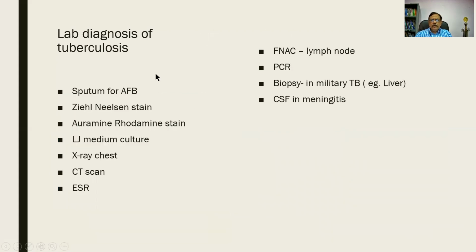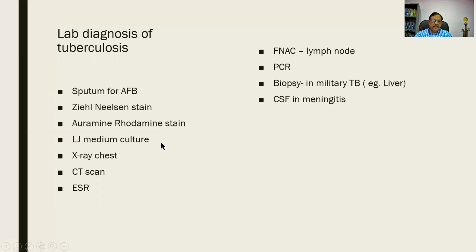What are the lab diagnoses of tuberculosis? Lab diagnosis of tuberculosis is common to primary as well as secondary tuberculosis. So, sputum for AFB, Ziehl-Neelsen, and then the auramine rhodamine stain can be done. These are the two stains which can be done for AFB.